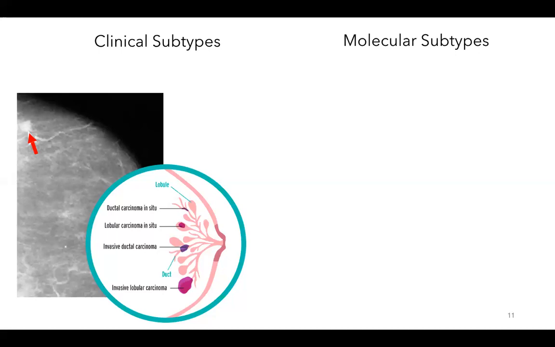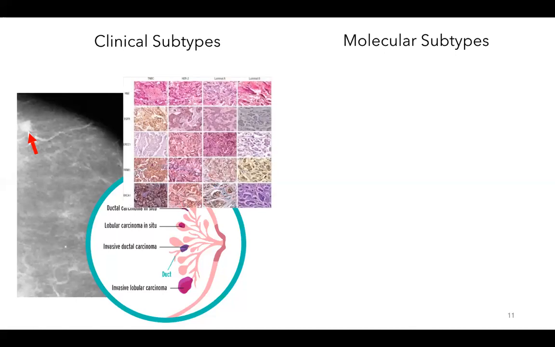And to do that, what we have done so far is immunohistochemistry experiments, where based on the sample and based on their staining, we can classify them, whether what kind of tissue they have, whether it's triple negative.